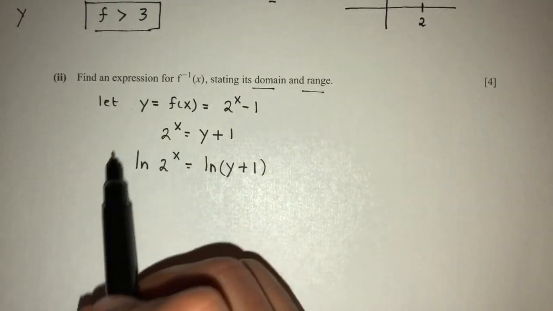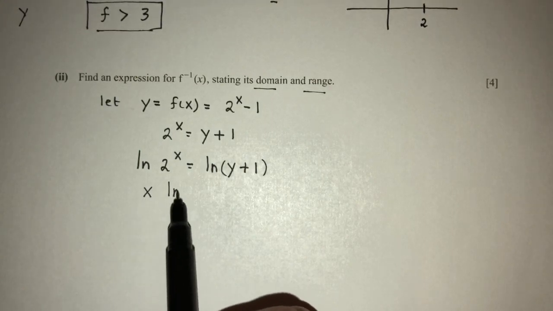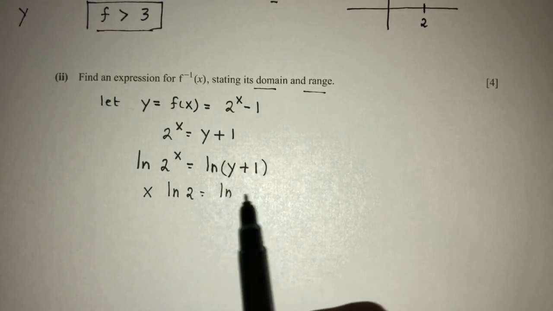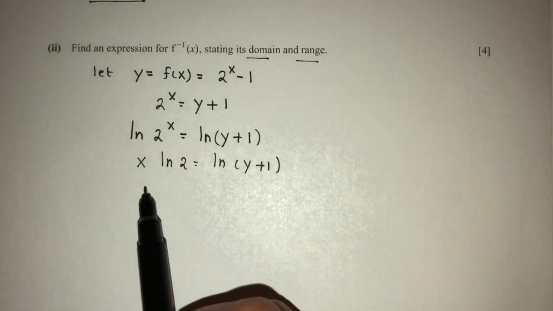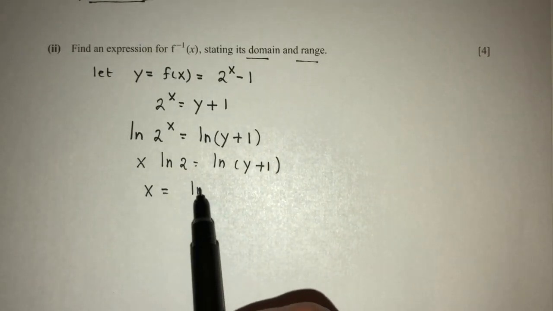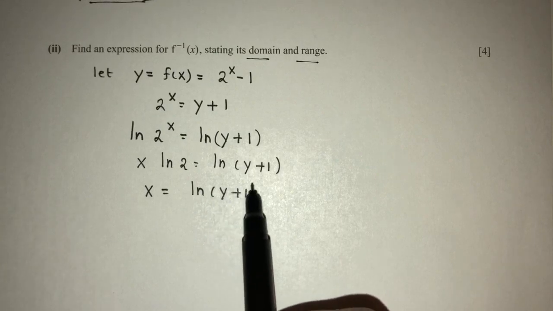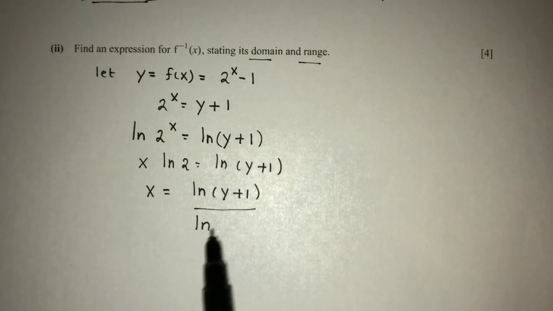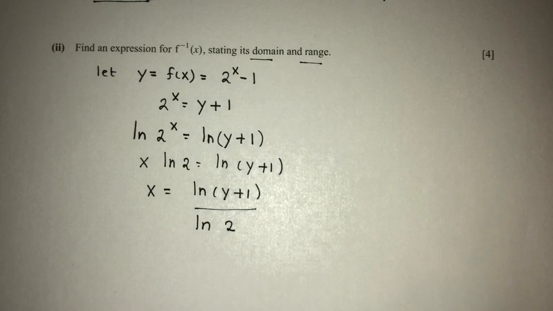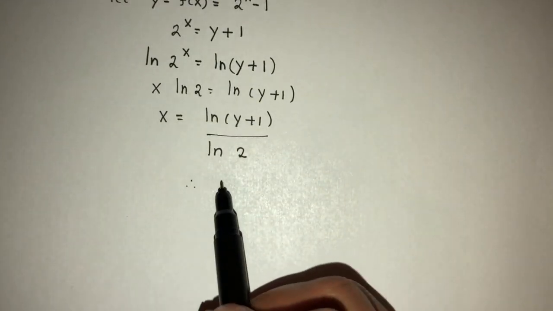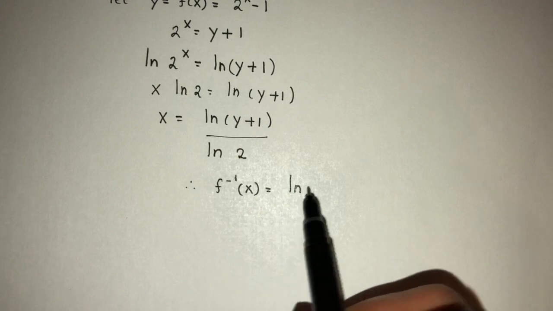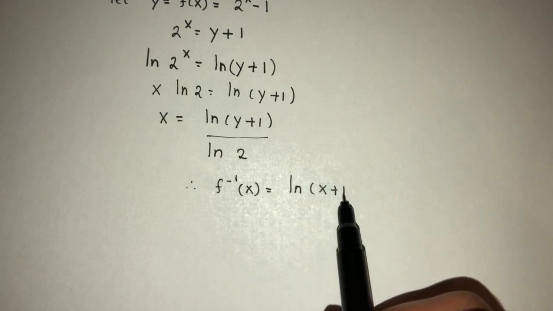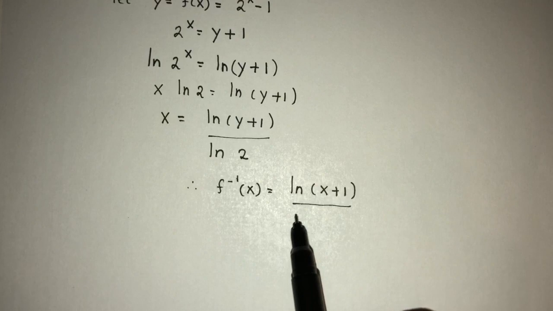Now you can bring this power down, that will become x ln of 2, equals ln of y plus 1, then finally x has to be ln of y plus 1 over ln of 2. Okay, so now we have to write, obviously, f inverse in terms of x, that will be ln of x plus 1 over ln of 2.